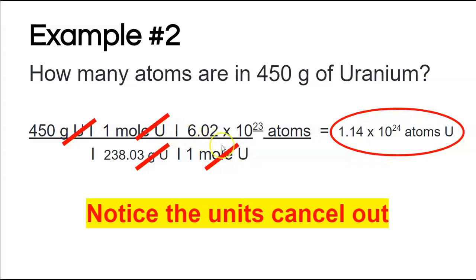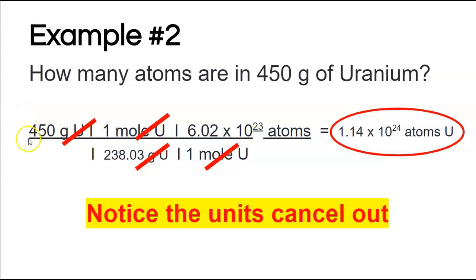I know that 1 mole of uranium contains 6.02 times 10 to the 23rd atoms. 1 mole goes on bottom and cancels the unit, and the 6.02 times 10 to the 23rd atoms go on top. Every unit has canceled except the atoms, so now I do the calculation.